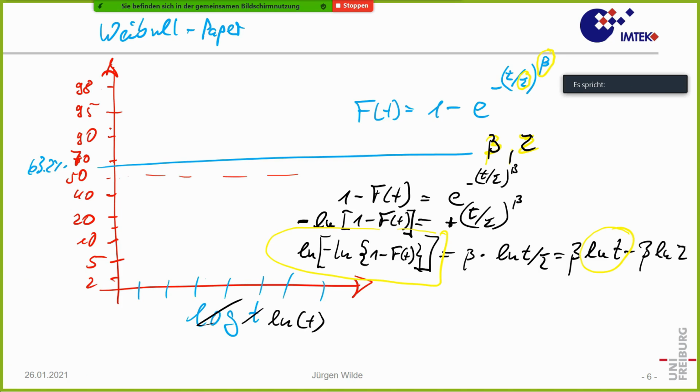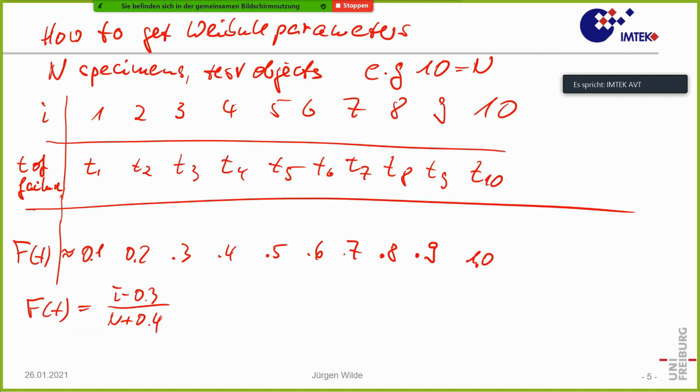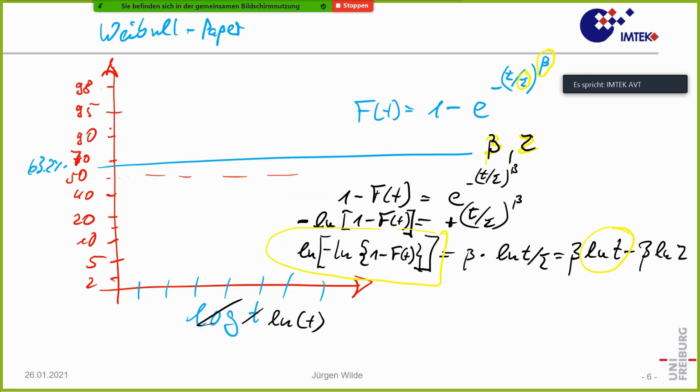And in that way, from our transformed data versus logarithm of time, we get the axis offset and the slope. And so we have determined both Weibull parameters.